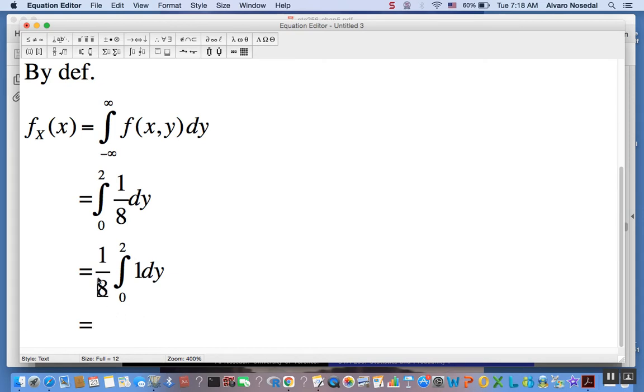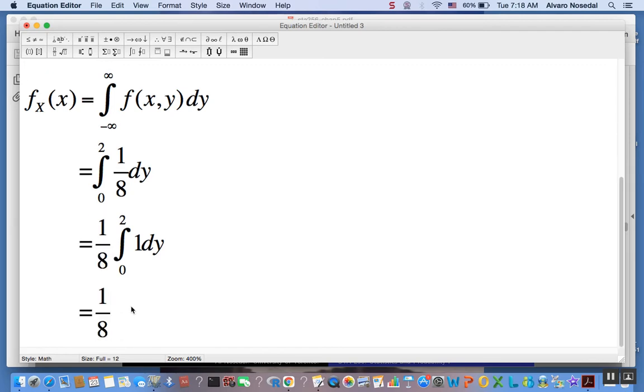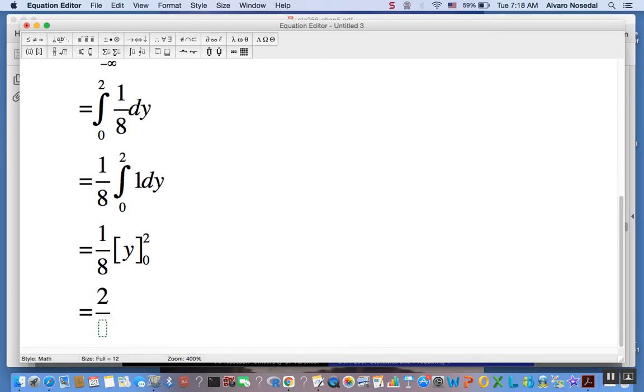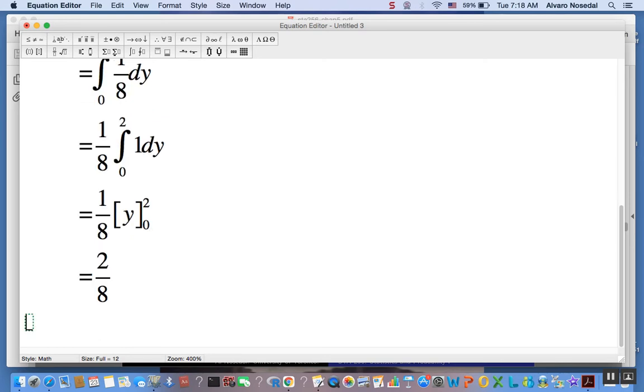So it's going to be 1/8 times y, evaluated here at 0 and at 2, no problem. And it's going to be easy, right? It's just going to be 2 divided by 8 in the end, which happens to be just 1/4.